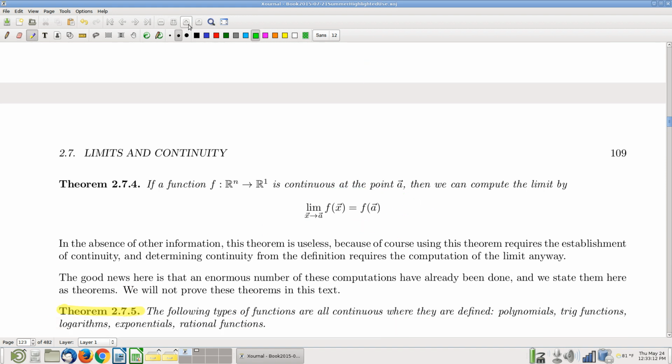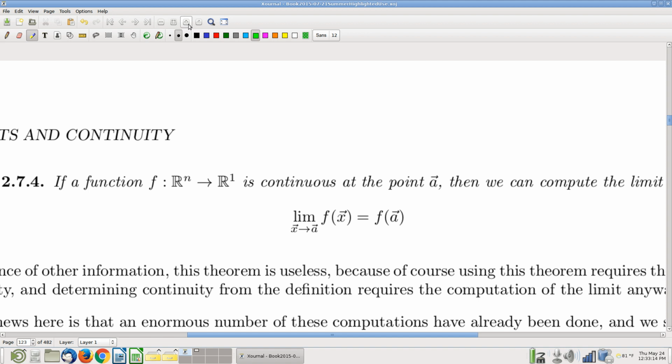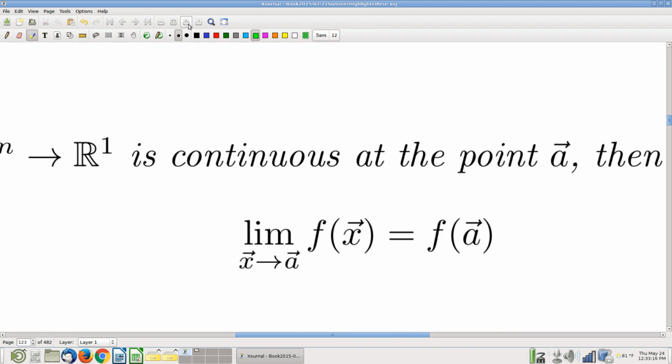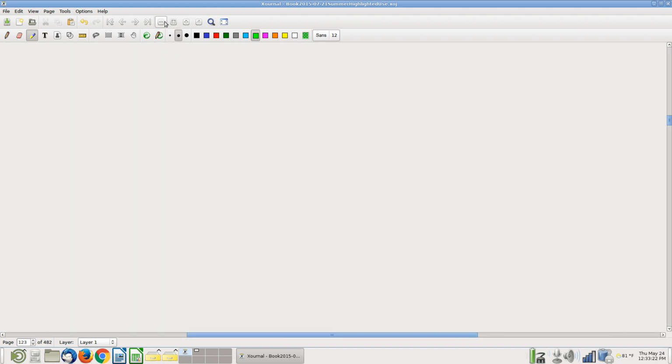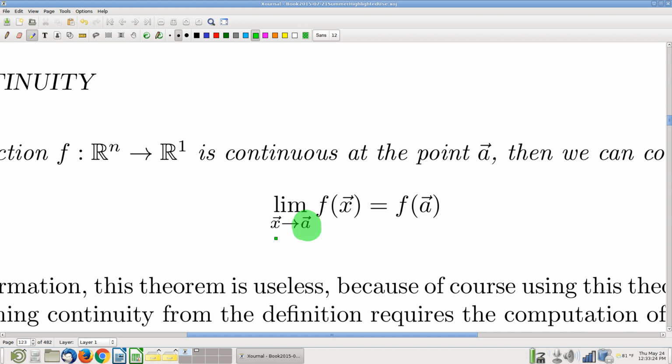Let me zoom for effect. If you want to compute a limit like this, whatever point you're approaching, plug that in to the function whose limit you're computing. That computes the limit for you.